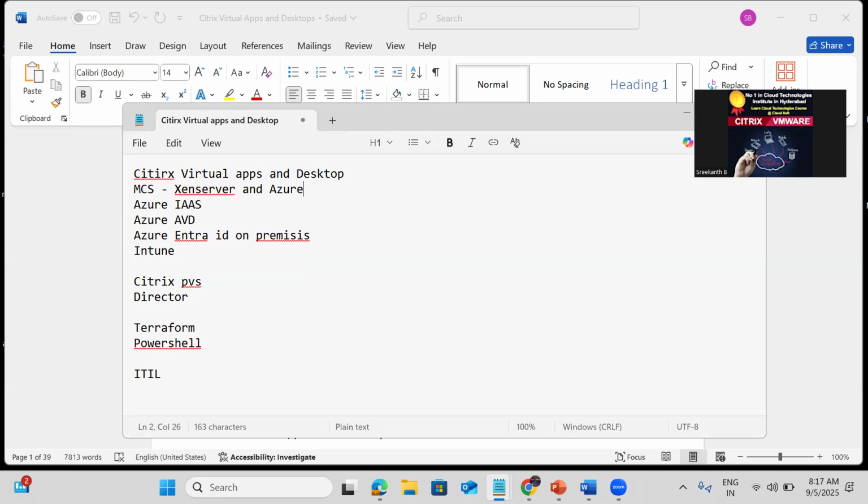MCS requires a hypervisor or cloud, so that may be VMware, XenServer, Hyper-V, or Azure. Once we do it with XenServer and Azure, you can automatically do it with VMware or Hyper-V also.